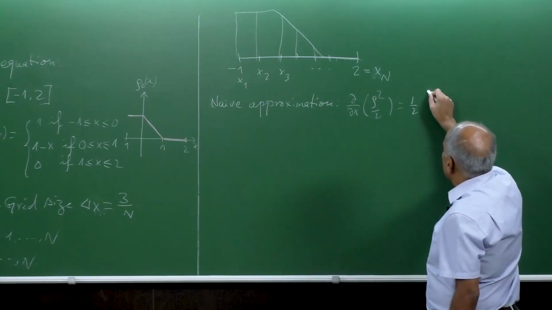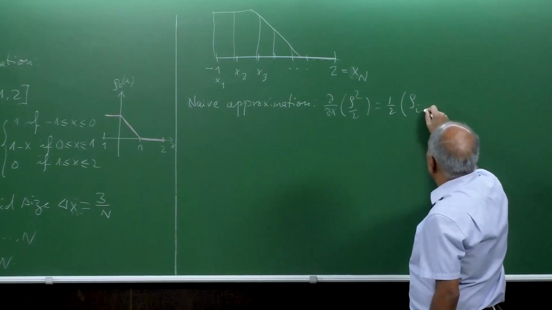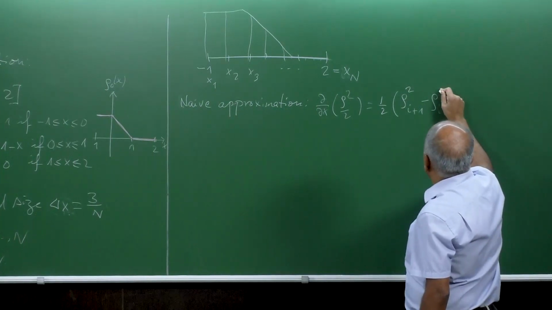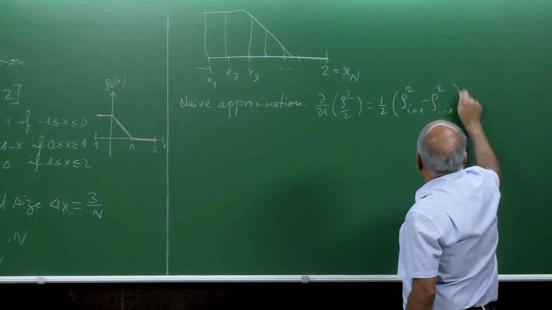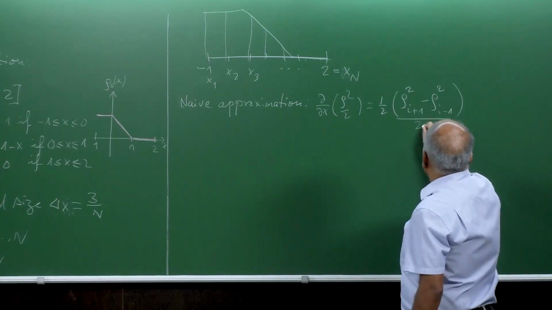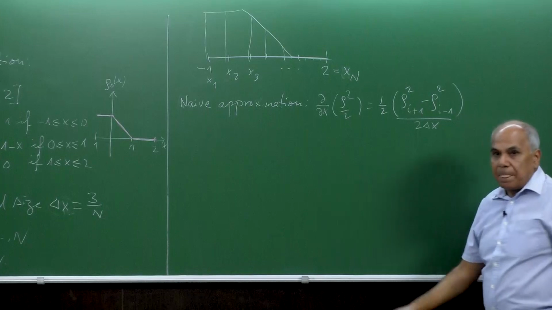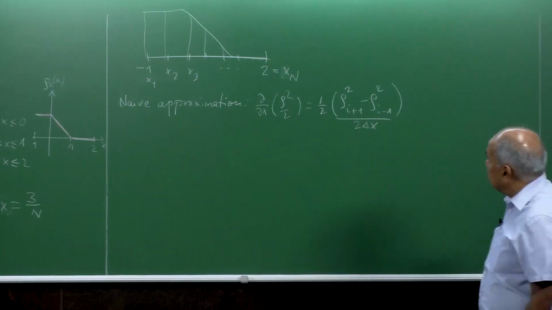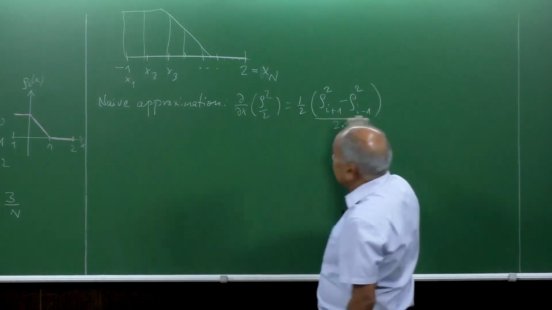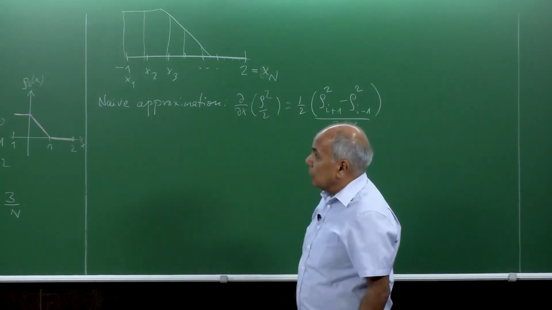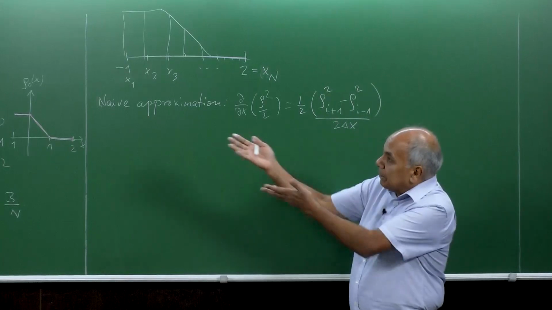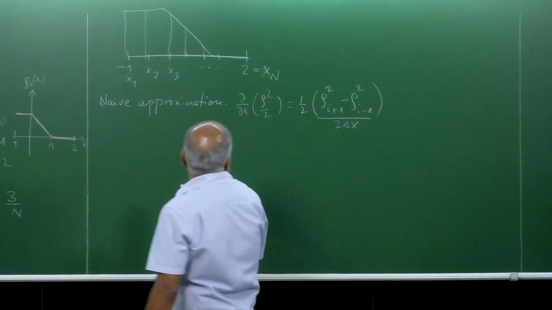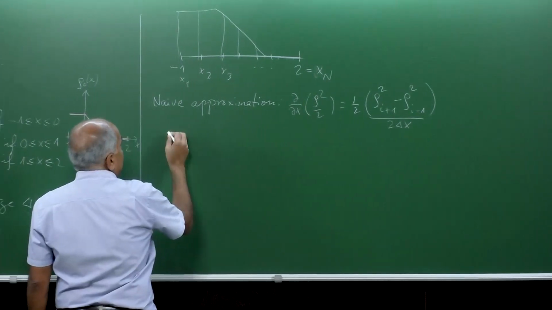And now what you get is rho of i plus 1 square minus rho of i minus 1 square, divided by 2 delta x. Yeah, this is our central difference scheme derivative. So we hope maybe with this conservative form it works. Let us see. Now the time integration.